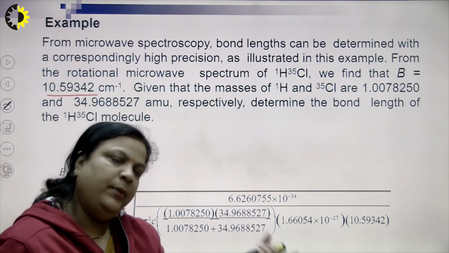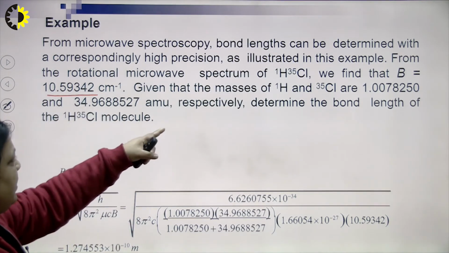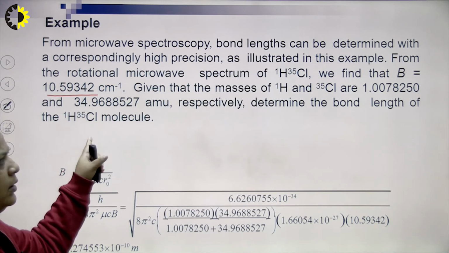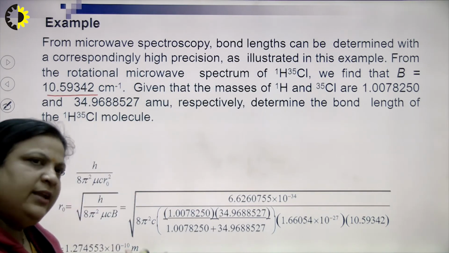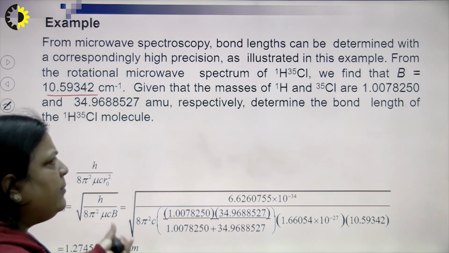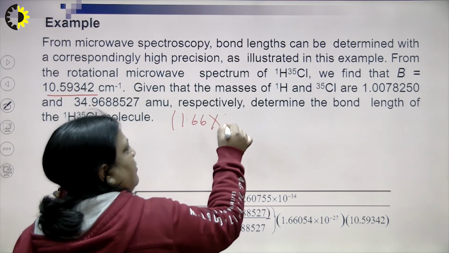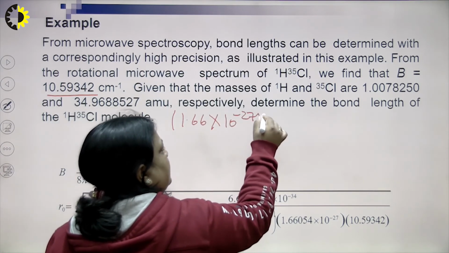So, either convert the meter into centimeter or centimeter into meter. And masses are given in AMU. So, by dividing by Avogadro number, we can find the mass in gram and then in kg, or by multiplying directly by 1.66 into 10 to the power minus 27 kg.